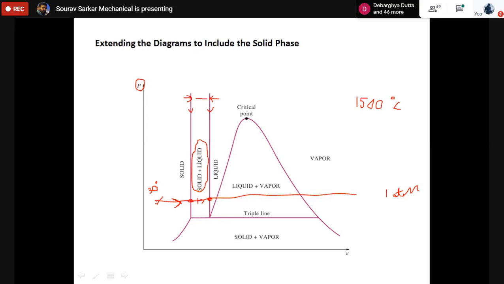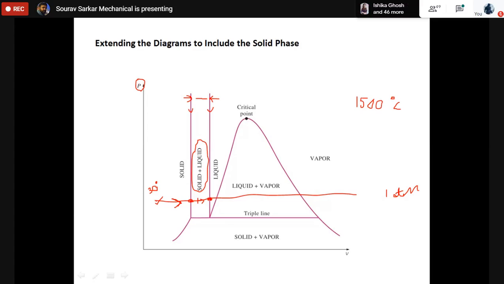Now the question is: what is the temperature at this point? Is it higher than this temperature? No, the same temperature, because it is a phase change process. Your temperature will remain constant.